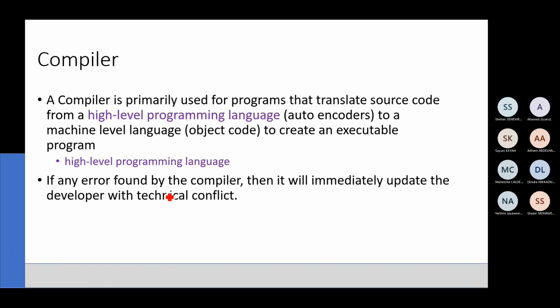If any error is found by the compiler, it will immediately inform the developer of the technical conflict. As an example, think you haven't written some letters in the proper case. If it should be capital, you have written it in small letters, or small letters in capital. For example, class.